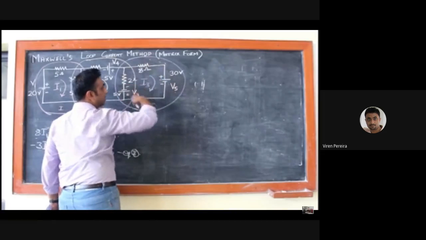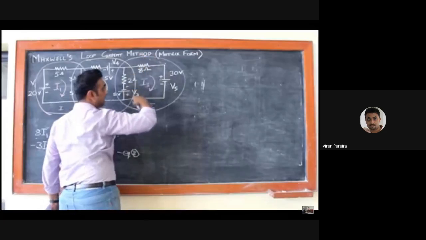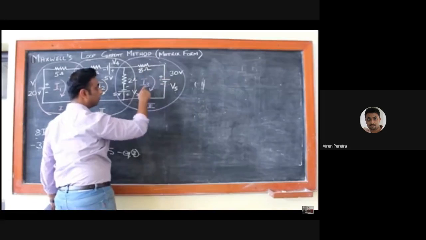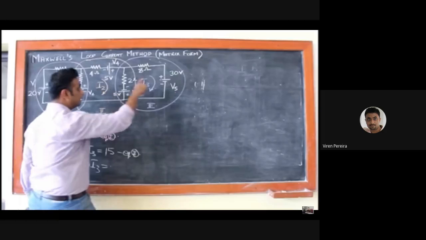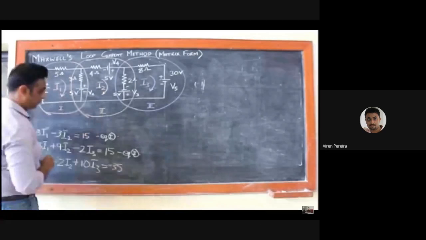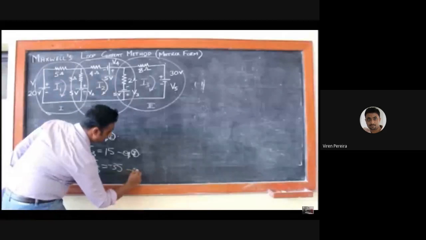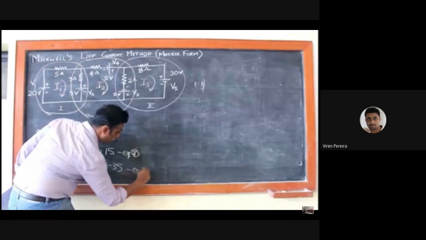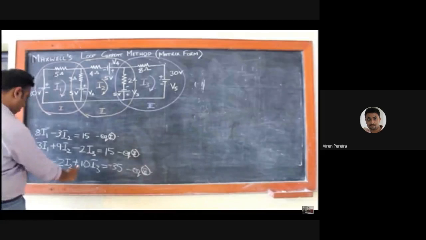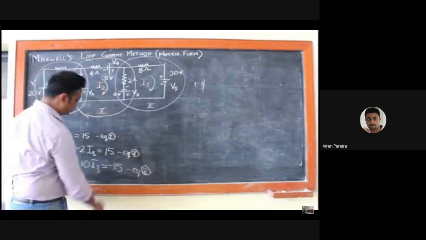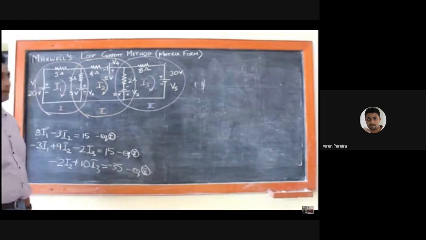Positive to negative, again in an anti-clockwise direction, which is in opposition to the clockwise I3. So it will be minus 5, minus 30, it will be minus 35. And this will be my equation 3. So I have minus 2 I2 plus 10 I3, which is equal to minus 35.